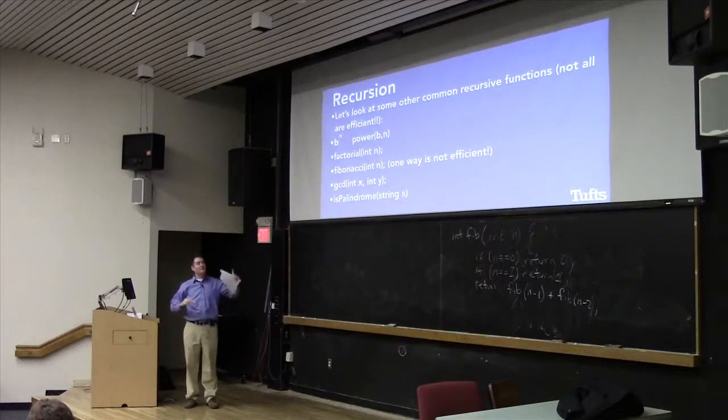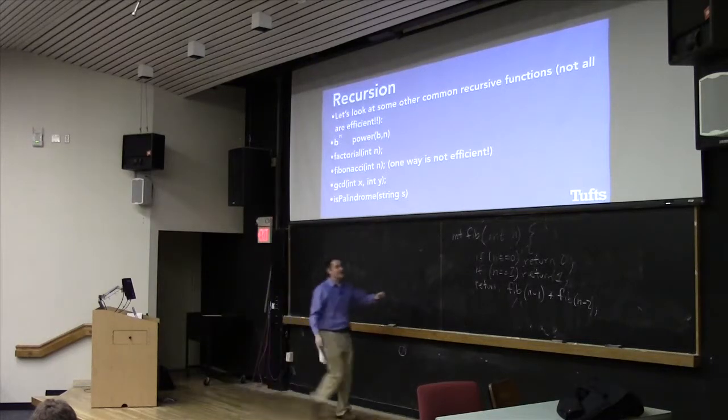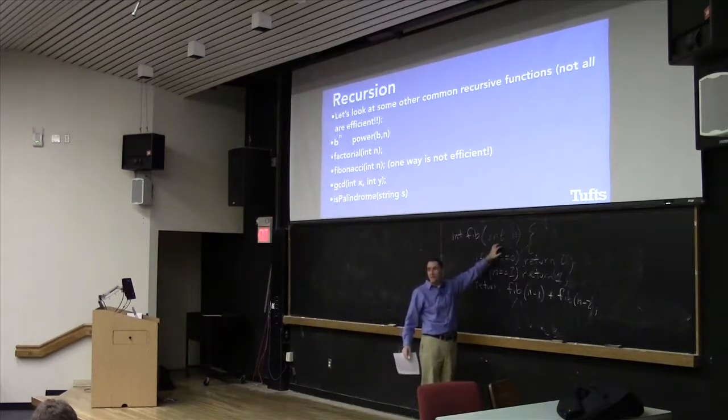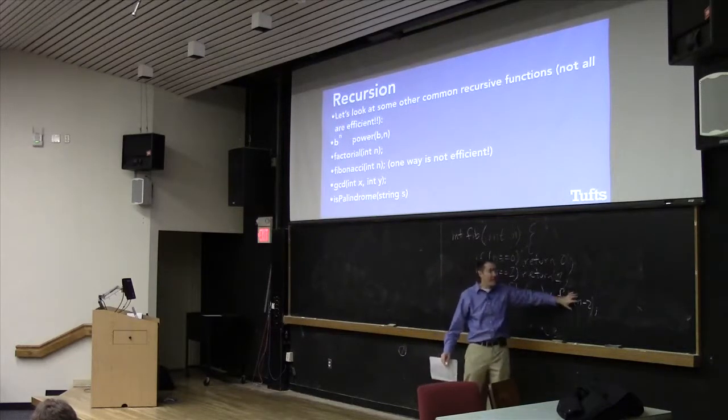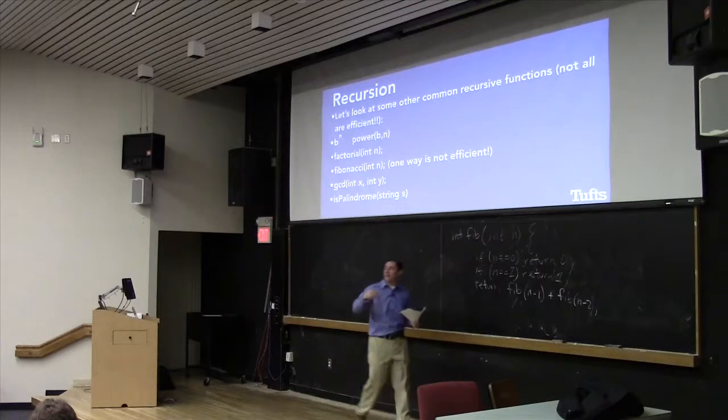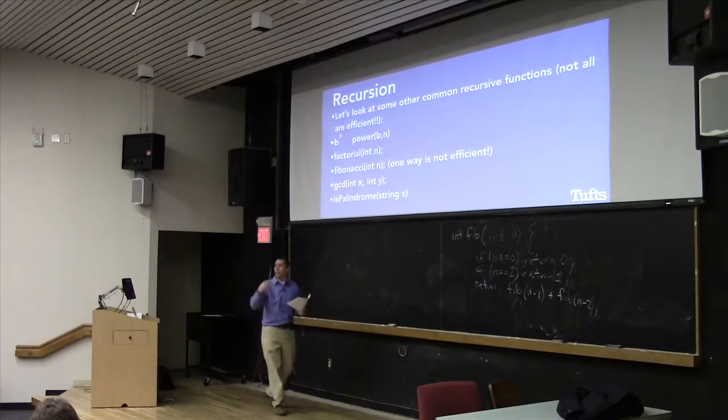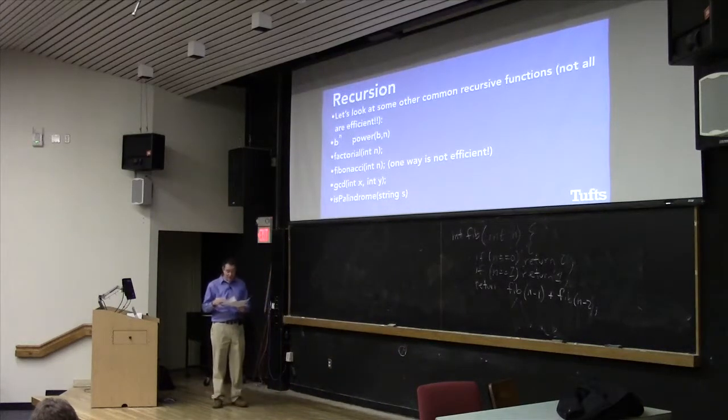A much better way of doing this is to say, instead of just passing in this value, also pass along the values that you can calculate at each step of the way based on where you already are in the process.